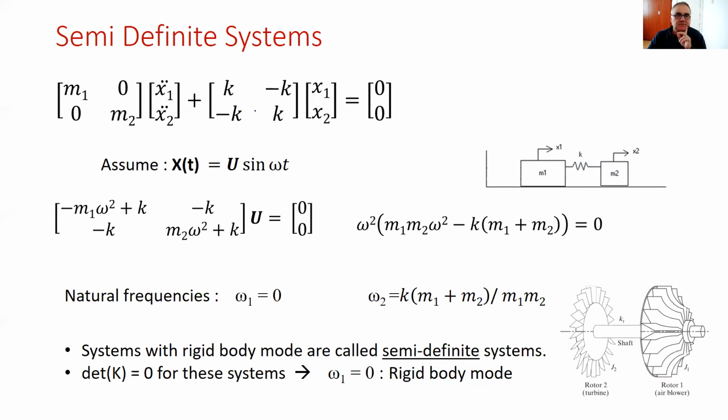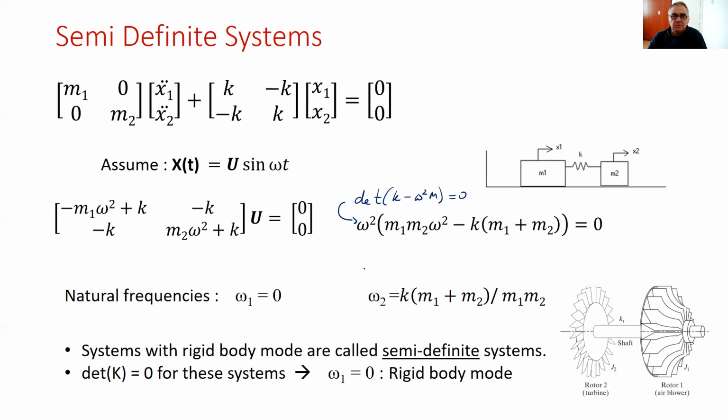But how do we analyze this? We can write the equation of motion for this system. As we see, we get the following mass and stiffness matrices. But let's assume that you have a harmonic solution. Then we get a characteristic equation from the determinant of k minus omega squared m equals 0, which gives you the following equation, okay?